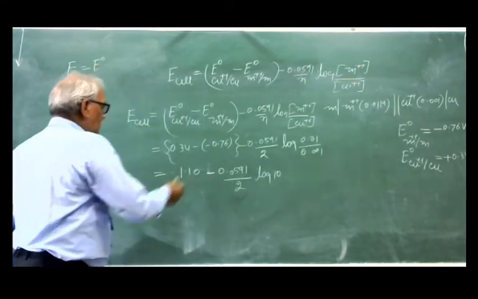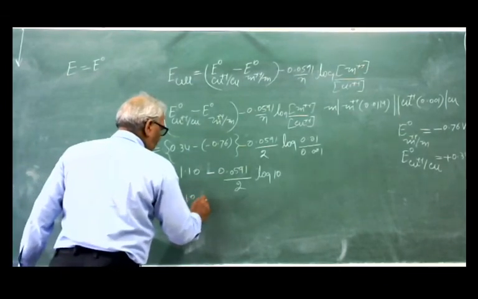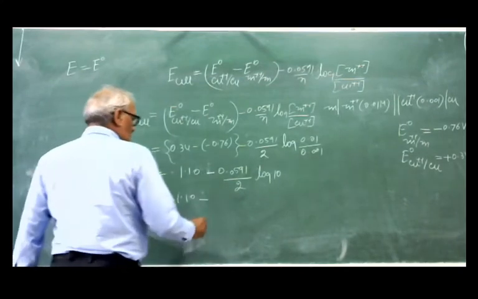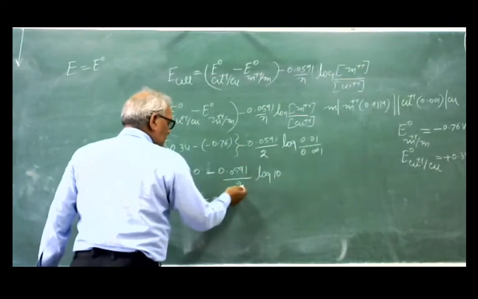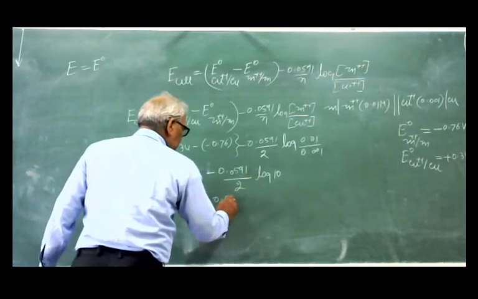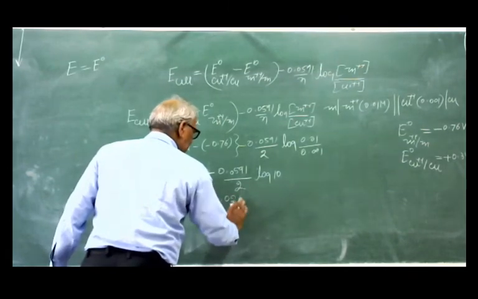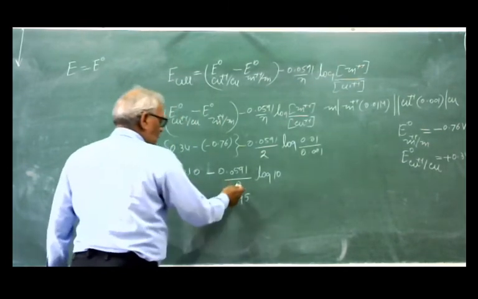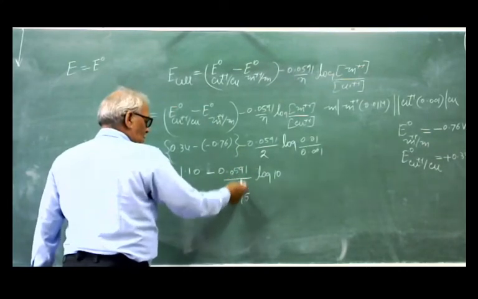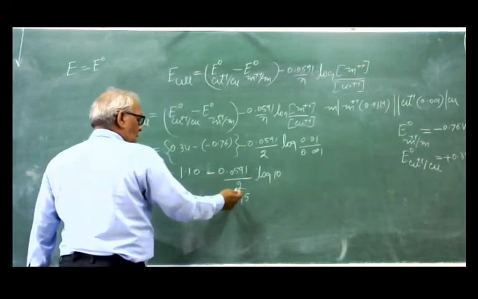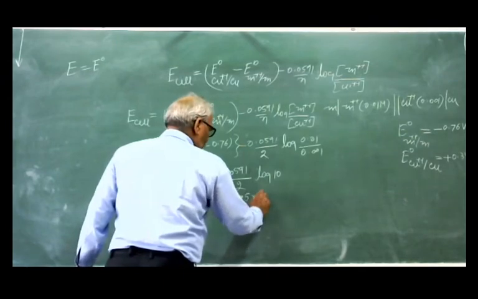So you can put the value like this: 1.10 minus 0.0591 divided by 2, which is 0.02955, and log 10 is equal to 1.